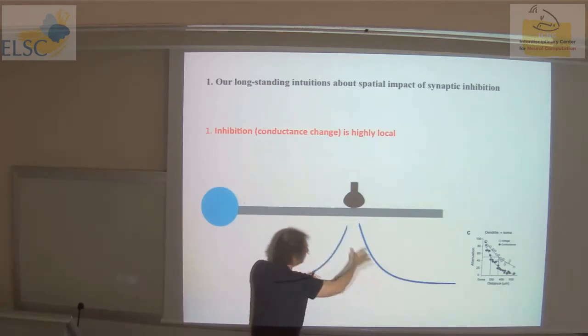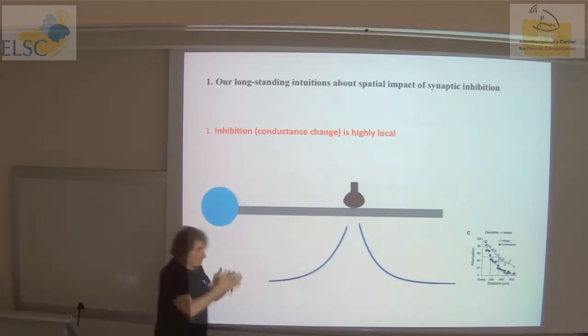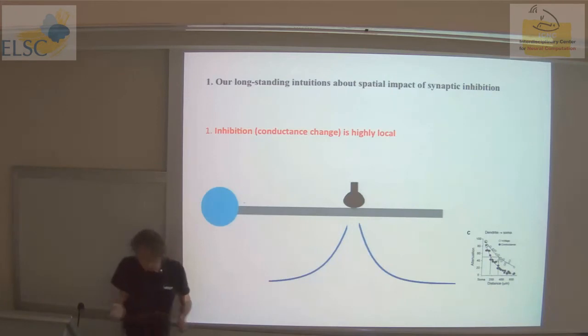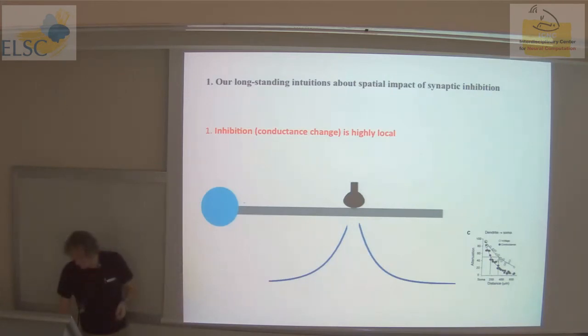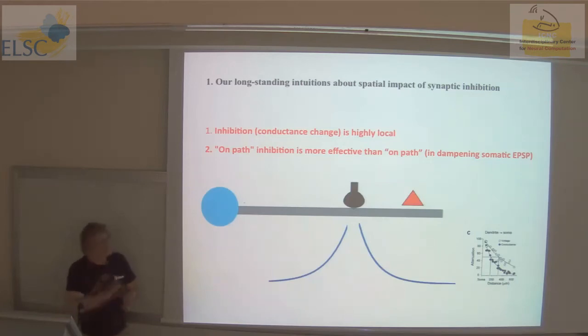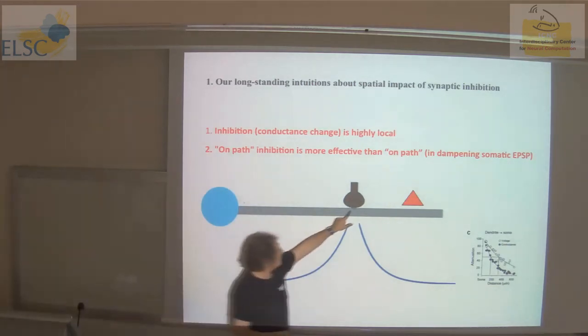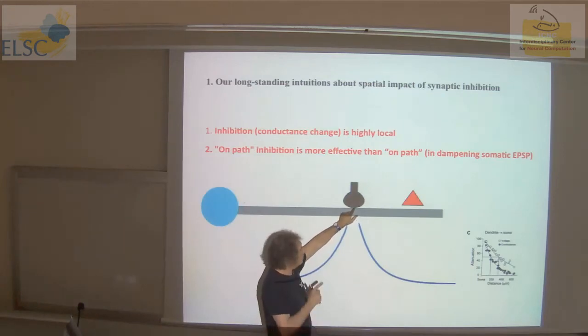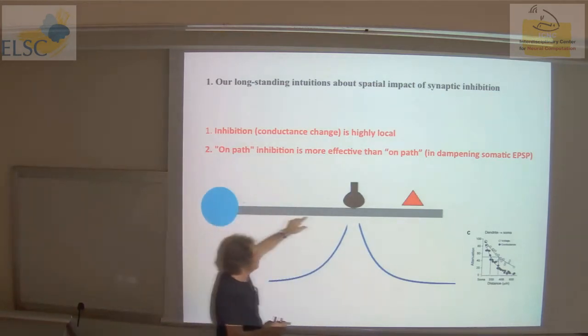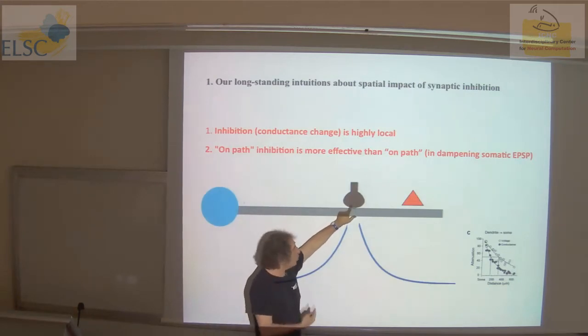But what I'm saying is that because of this attenuation, I'll show you mathematically in a second if I get there. Just to tell you, there are these two common pieces of knowledge. The local conductance change is very local, and the inhibitory synapse is most effective from the soma point of view on what Koch called the on-path condition.